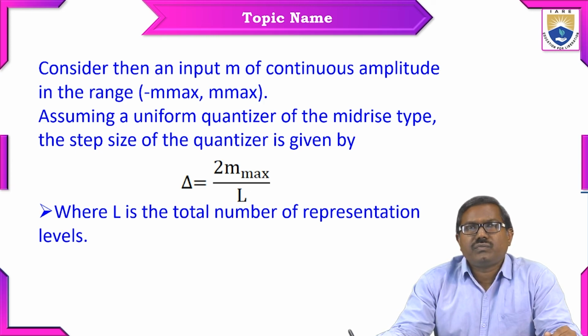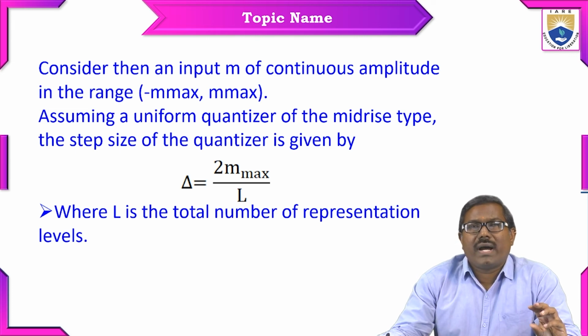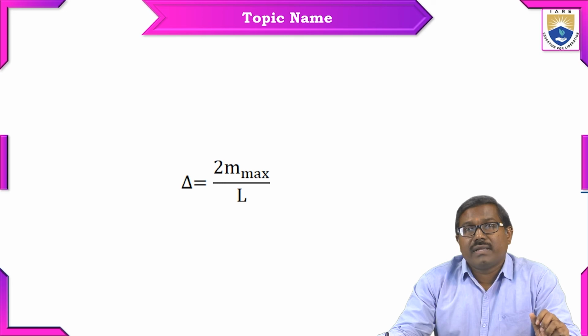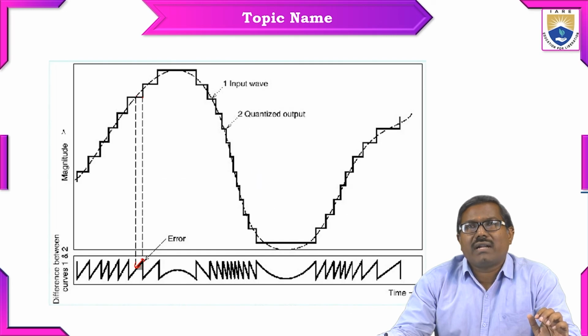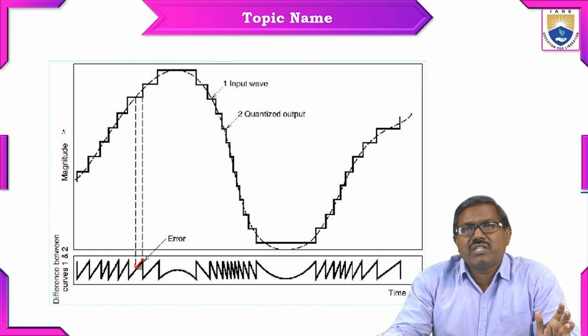So here we know that L is the number of reference levels and delta is the step size. My aim is to convert the continuous amplitude into discrete amplitude.